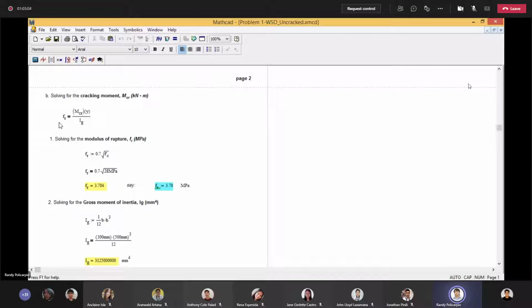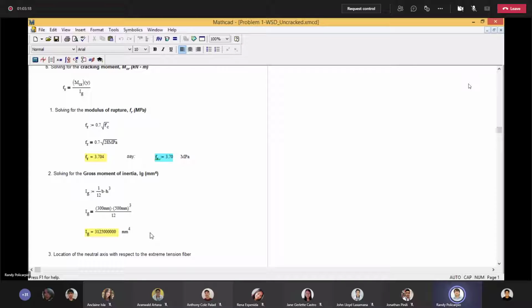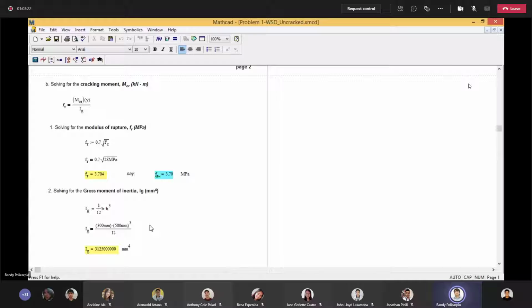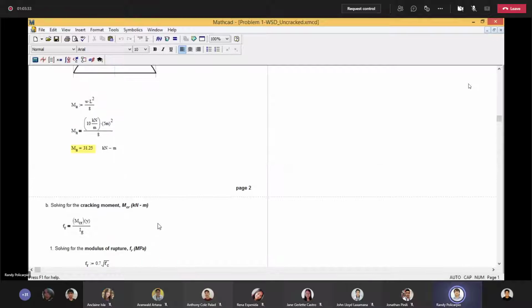Okay, so since we need FR to solve for Mcr, we make use of this formula. And FR is 3.7 megapascal. So then after this, we solve for the gross moment of inertia. The determination of the gross moment of inertia is based from the section.